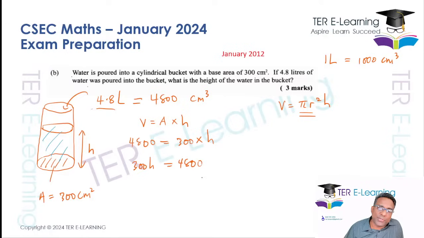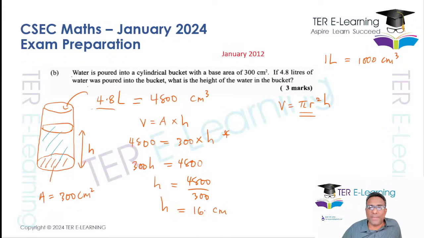Some of you might be wondering why I did that. Because I've seen students have a simple equation like this and they can't solve it. Some Form 5 students can't even solve that. So it's going to be 4800 over 300, and therefore the height in this case is going to be 16 cm. So that's the height of the water in that bucket.